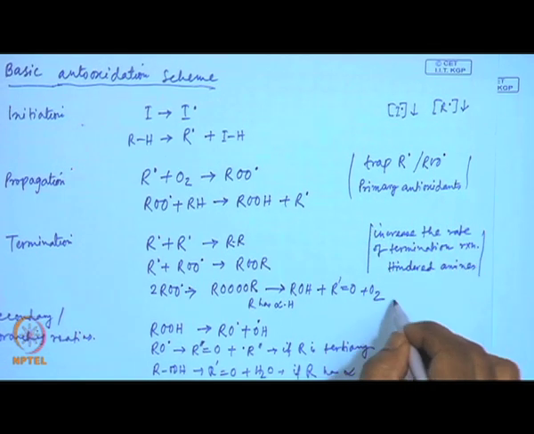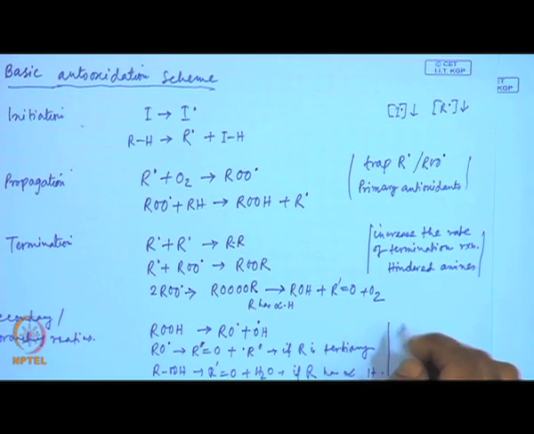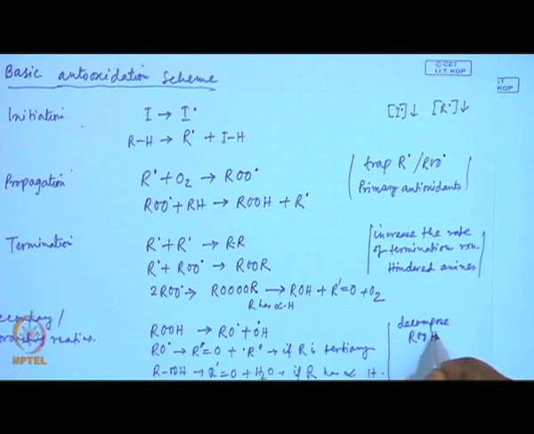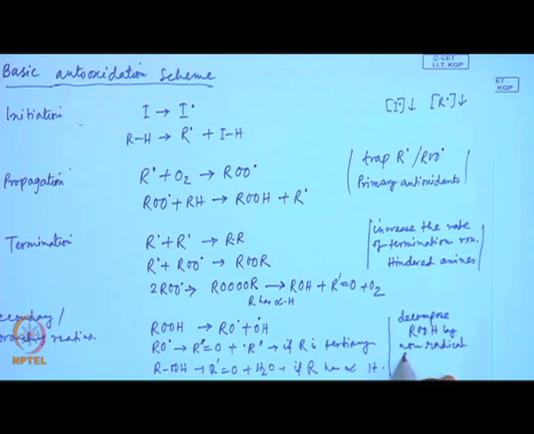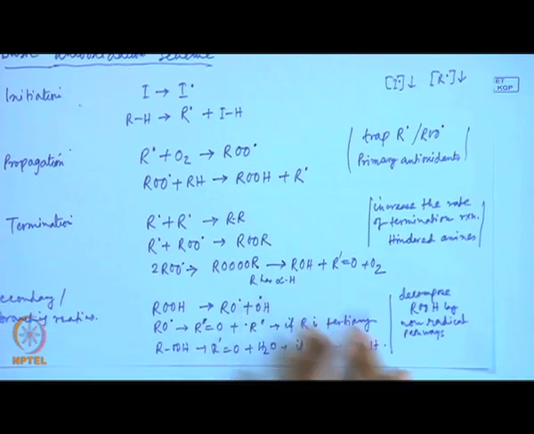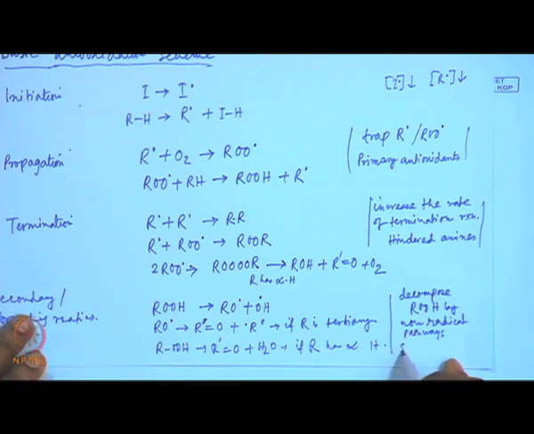And to stop this step, we can decompose this by non radical pathways, and this is typically done by use of secondary antioxidants.